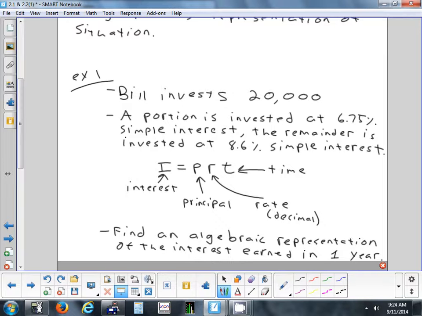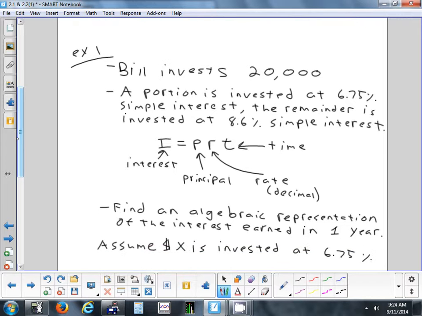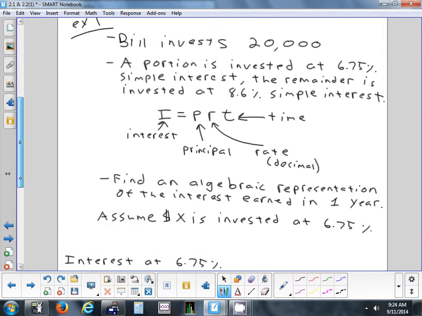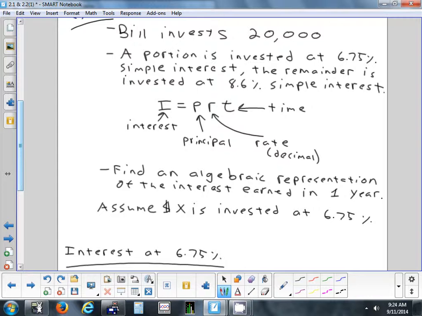But there'll be a variable for that. So we can find different interest amounts. Okay, we're going to start and assume that X dollars is invested at 6.75% interest.